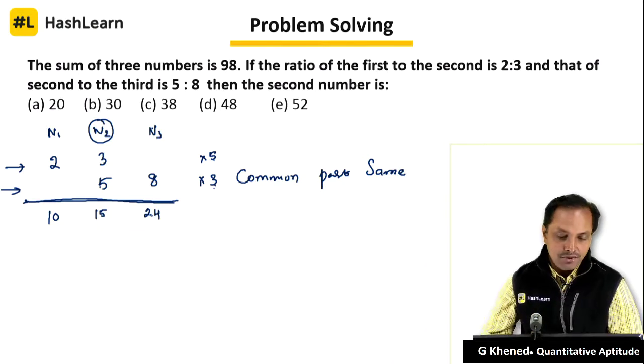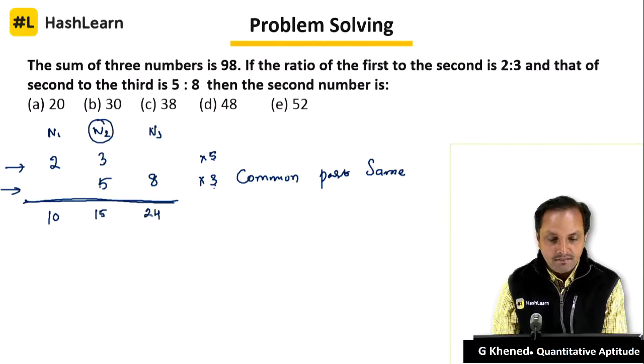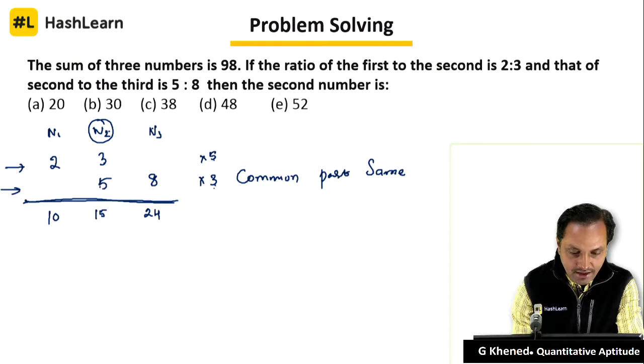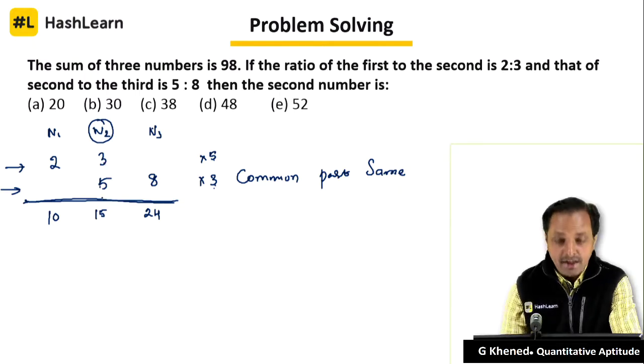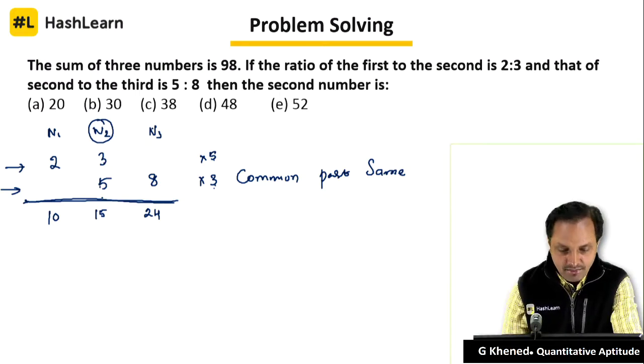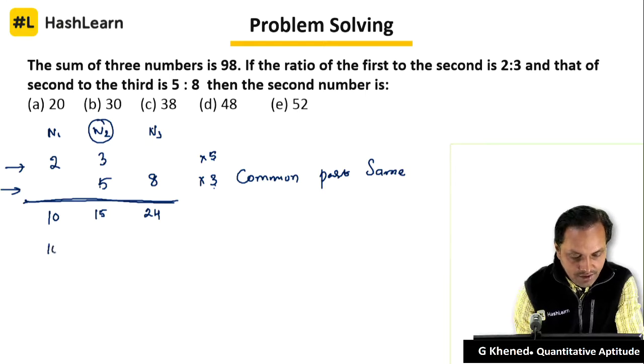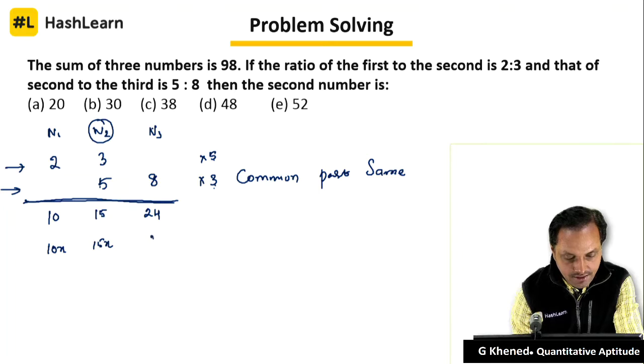So this is how you get the ratio of three numbers. The common part is n2, and we are making it the same by multiplying an appropriate number. So the ratio will be 10x, 15x, 24x.